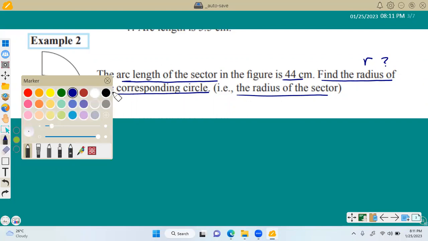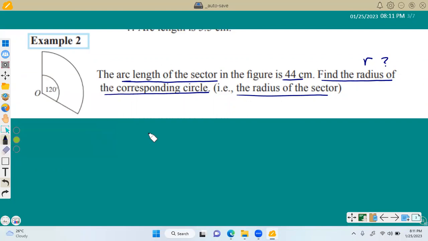While I am discussing, you can just note down the question. Now, we know that to find the arc length, the equation we use is theta upon 360 degrees times 2πr. Now we have been given the arc length. It is substituted. The angle theta at the center is also given in the diagram, so we can take it from the diagram.